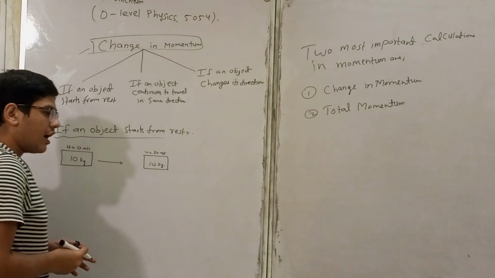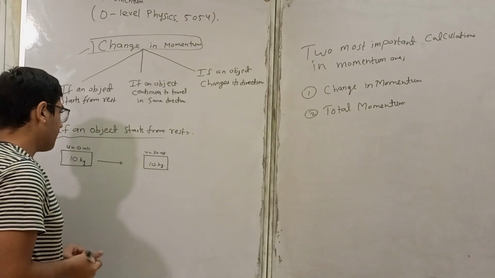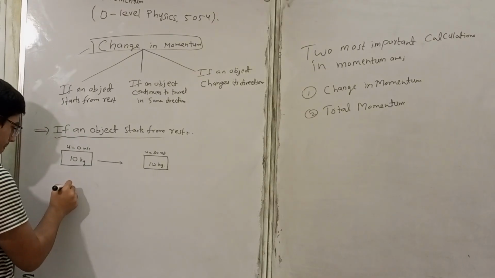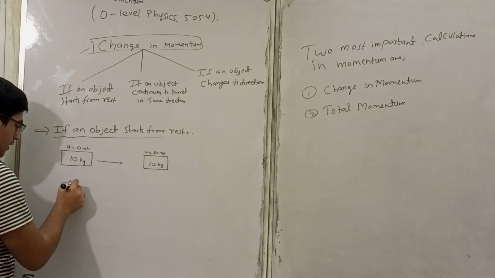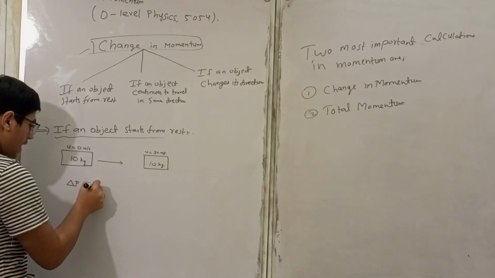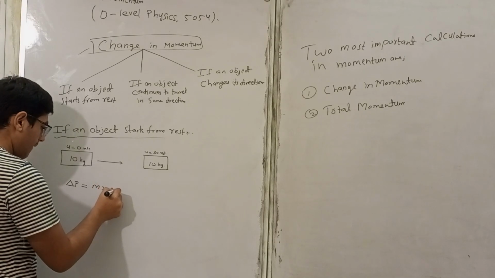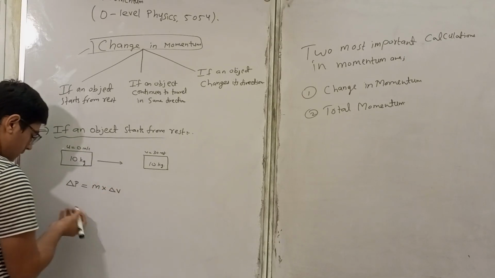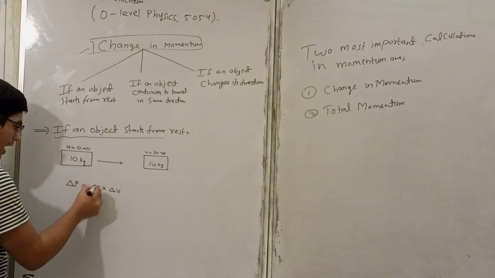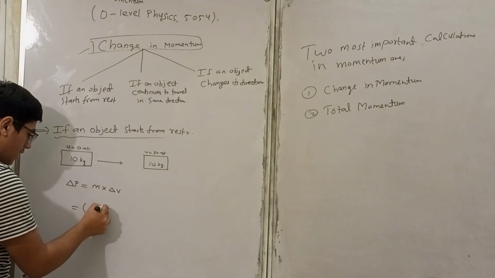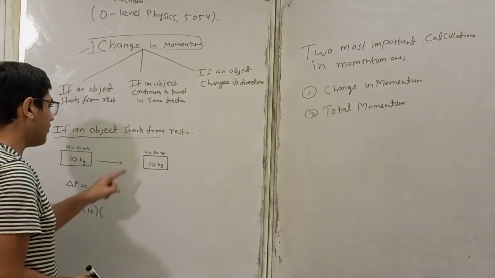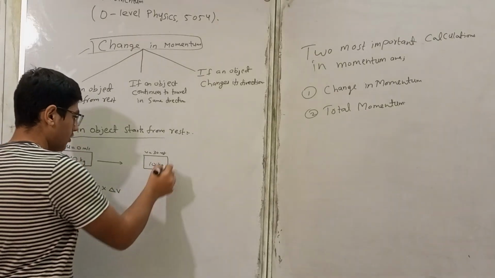So we can calculate change in momentum by using the formula change in momentum delta p equals to m into delta v. Where mass will be 10 and change in velocity will be final velocity minus initial velocity.